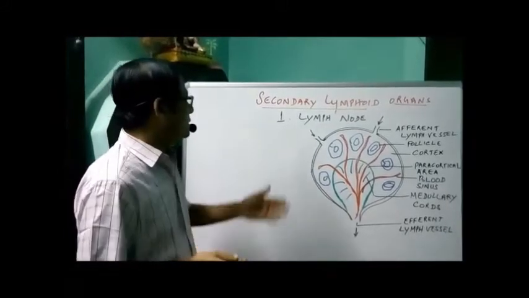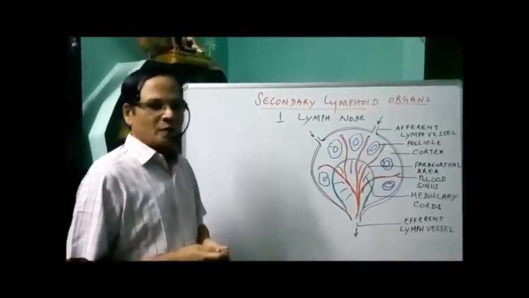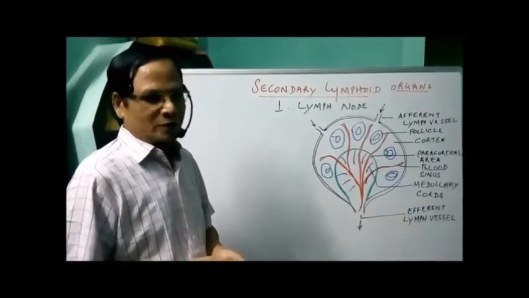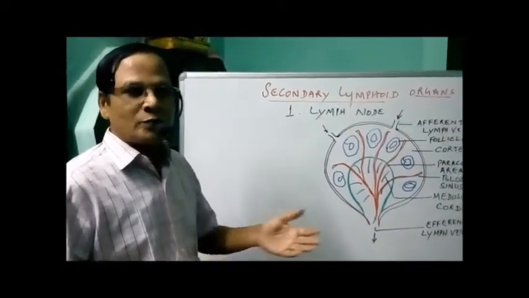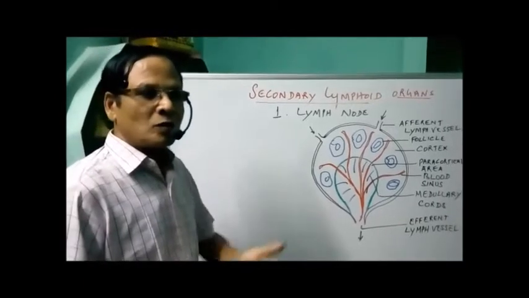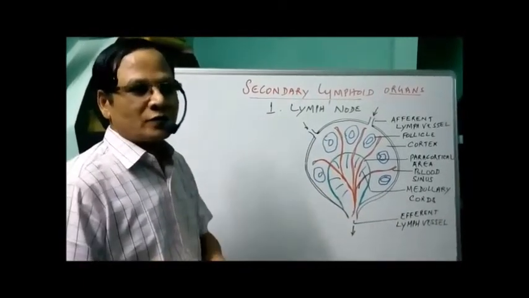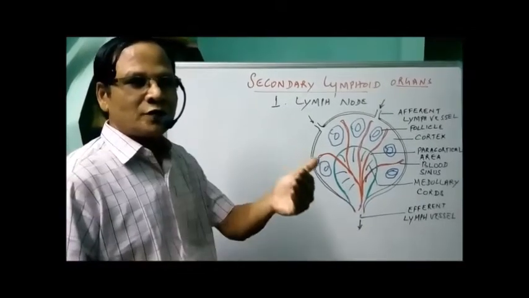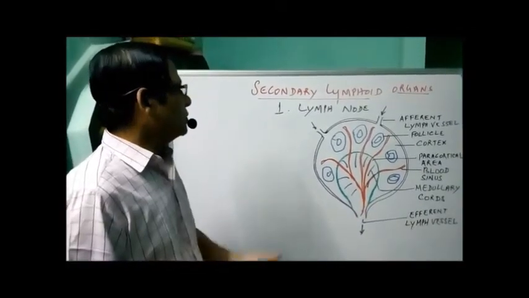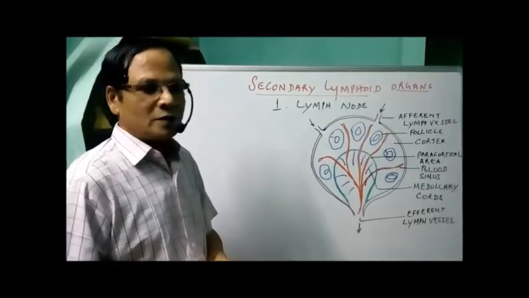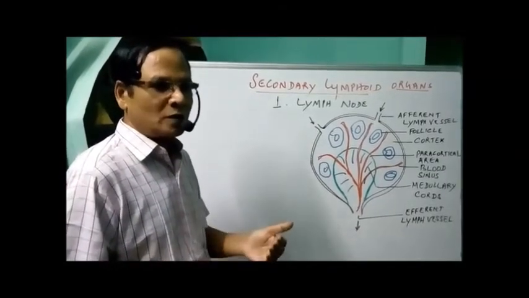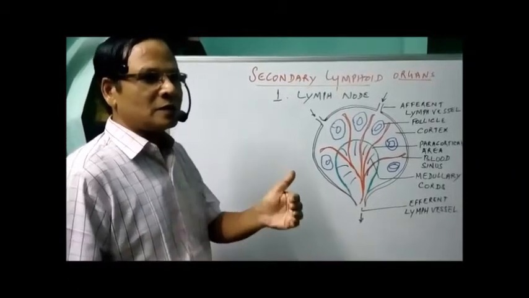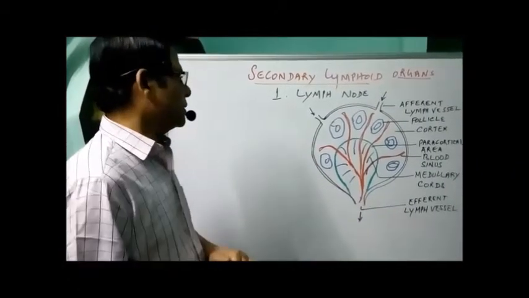Now first let's take number one, the lymph node. You know that it is a bean-shaped structure formed in the immune system, all along the entire length of the lymphatic vessels. So they are connected with one another through the lymphatic vessels. It is the first organ normally to encounter the antigens that enter the tissue space.